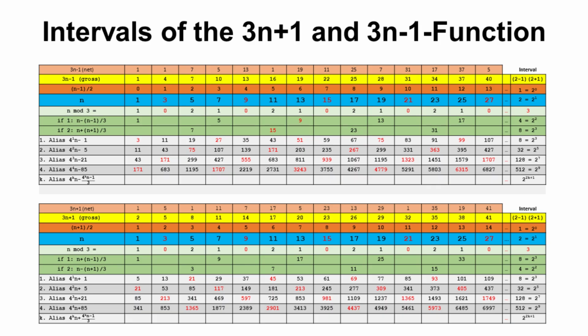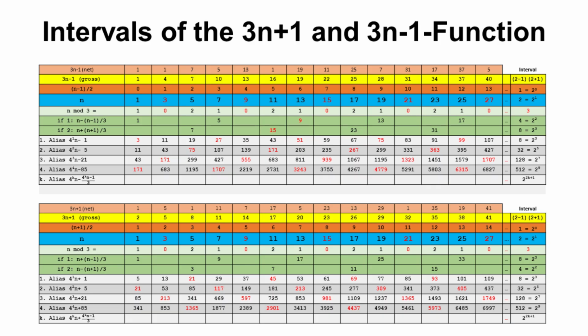The yellow row contains the gross result. The light red row contains the net result after all possible halvings. Red numbers are divisible by 3. The last column contains the interval showing how values in the respective row change from column to column.